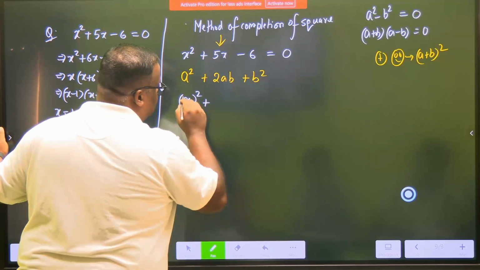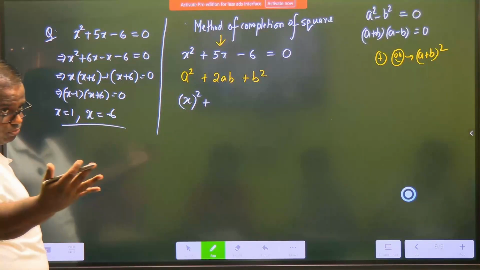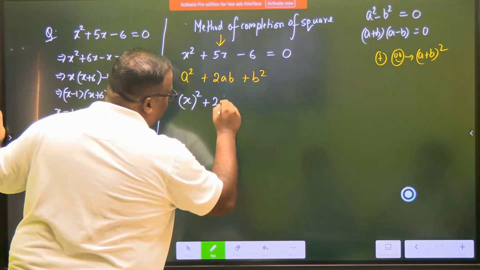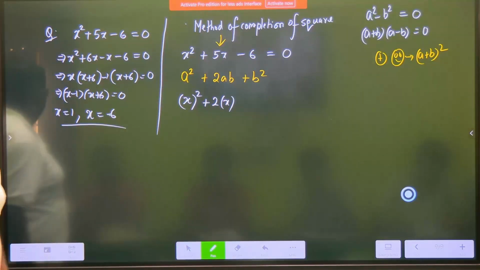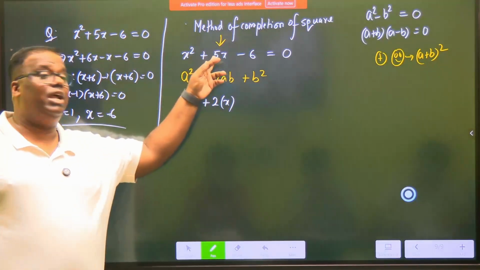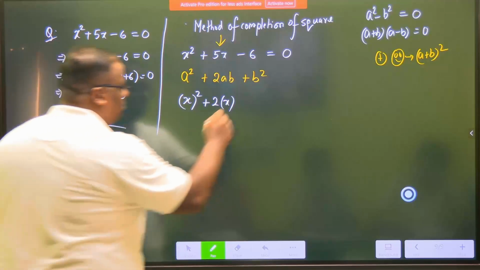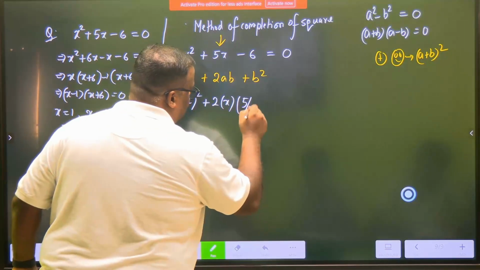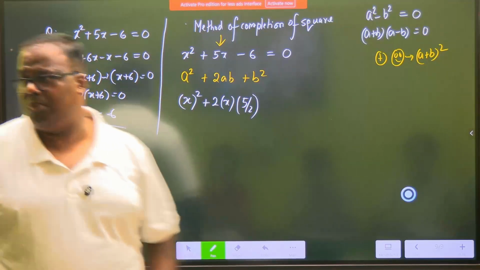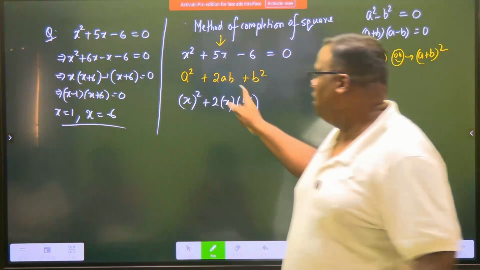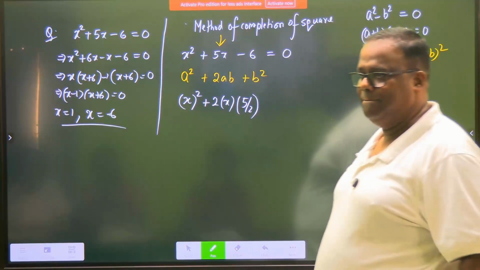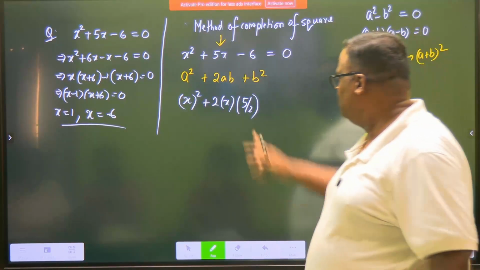Plus, since this is my a, a is frozen, 2 into a. Now get a b such that you land up on 5. No other way. This is my b. Then only it is. अब यहाँ से यहाँ तक match हो रहा है. Matching. 2 and 2 will get cancelled.